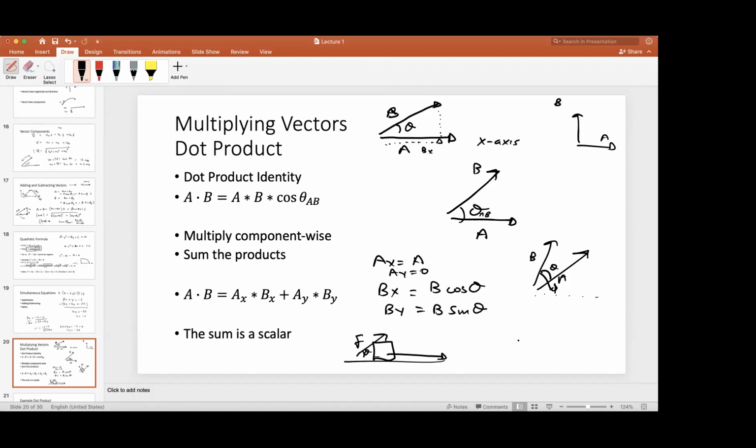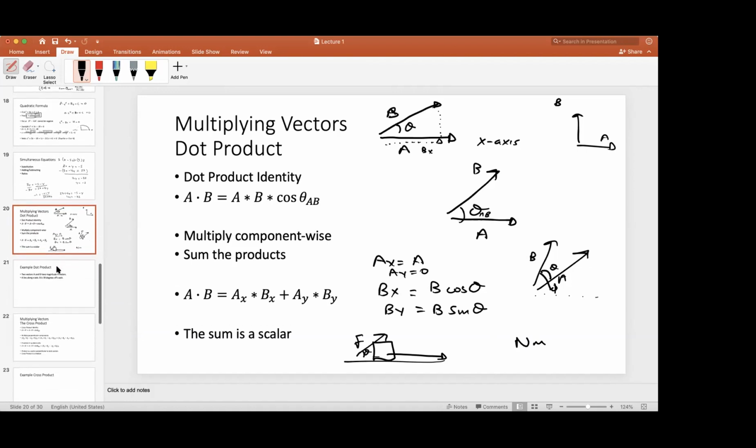In terms of force, what we get is force times distance, work. We get newtons times meters, which is energy. And energy doesn't have a direction. Whenever you dot two vectors, you get a scalar. So sometimes the dot product is called scalar multiplication, just to help you understand.